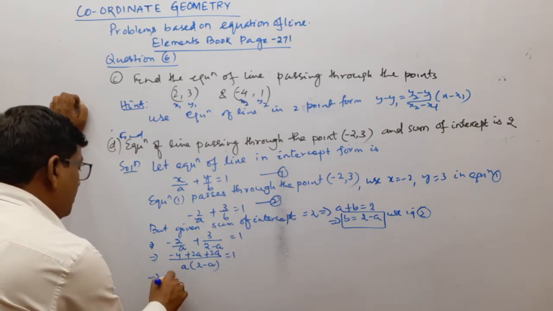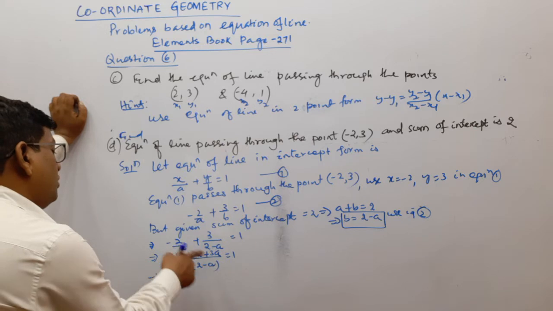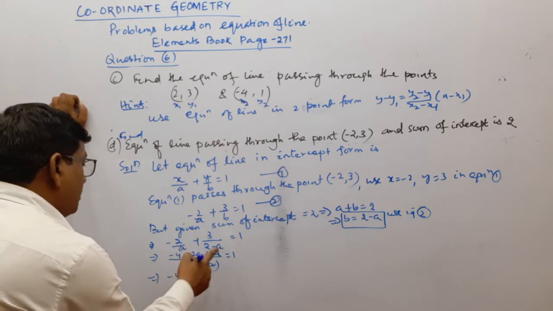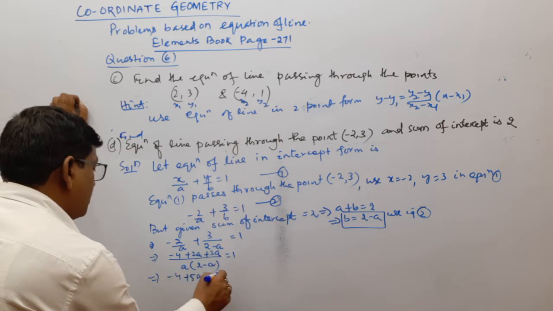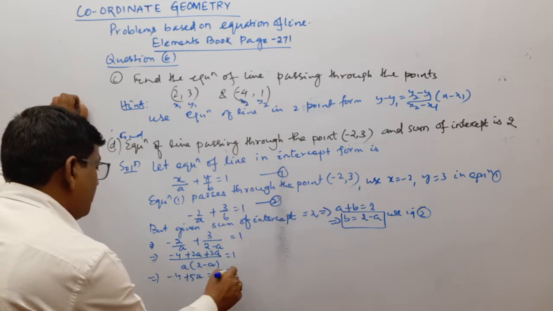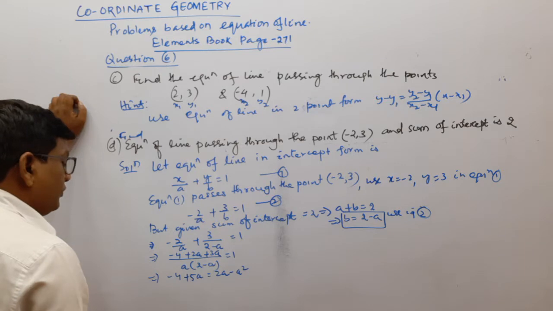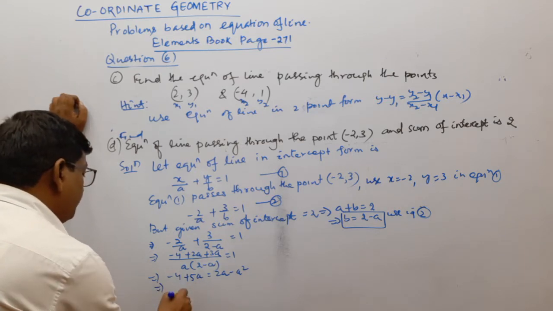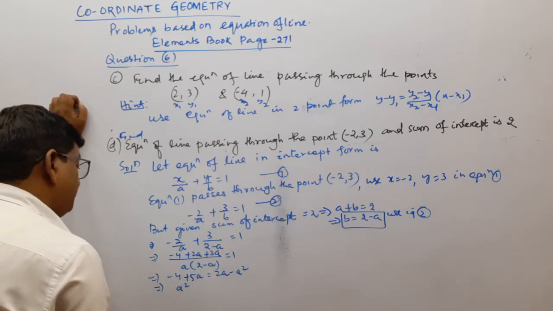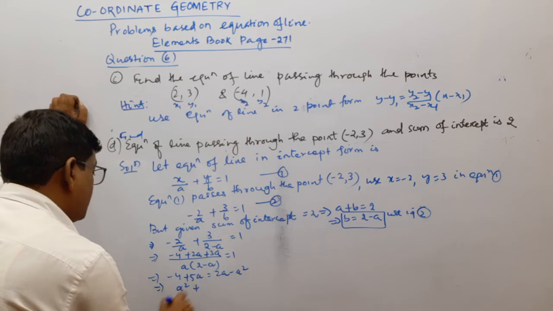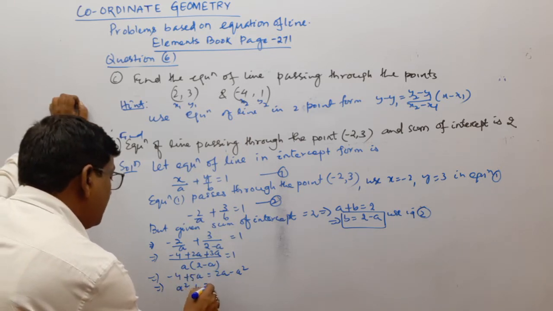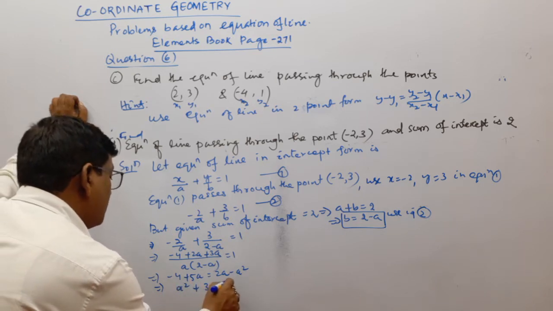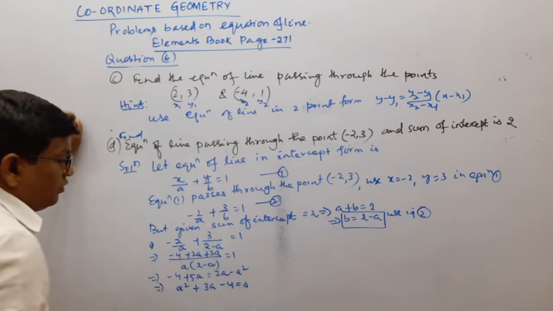Now minus 4 plus 5a is equal to 2a minus a square. Now take this side. So a square plus 3a minus 4 is equal to 0.